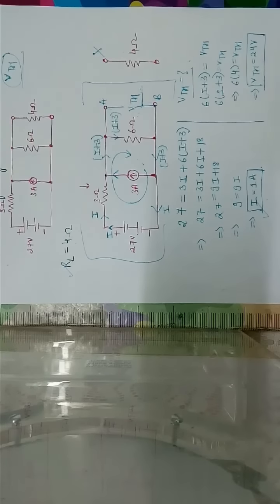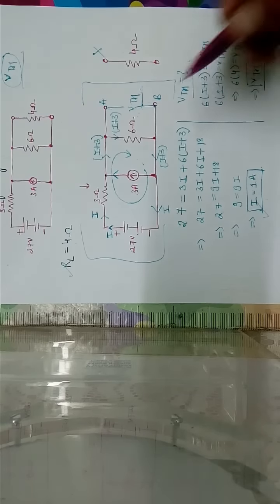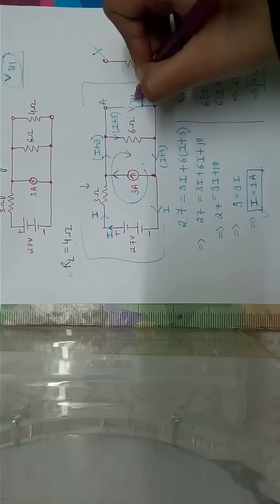Now our next task is to determine RTH. RTH is basically the resistance of the passive circuit, which means it excludes RL. Rest all the things are the same. The only thing that's excluded is the RL. That is the required circuit.